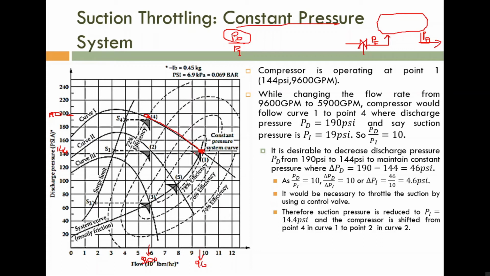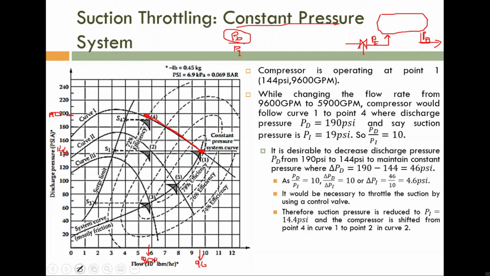So with respect to the decrease of flow rate, compressor will follow curve 1 to the new point, operating point 4, where the flow rate is 5,900 gallons per minute and pressure is 190 psi. Okay, so what is happening with respect to the decrease of flow rate? The pressure is increased to 190 psi from 144 psi. But here we want to maintain the pressure at 144 psi because here we require a constant pressure system.